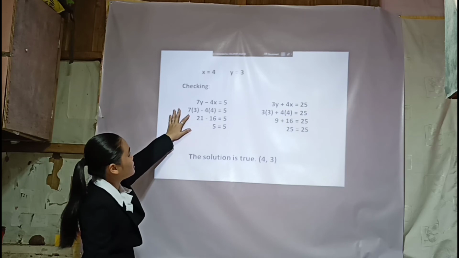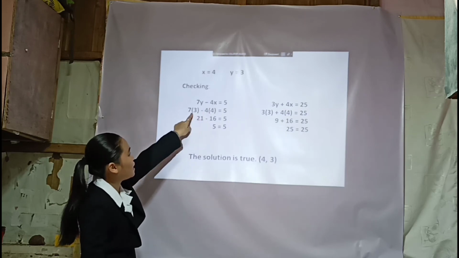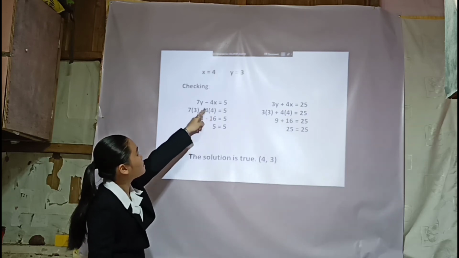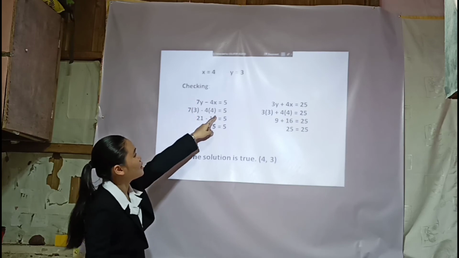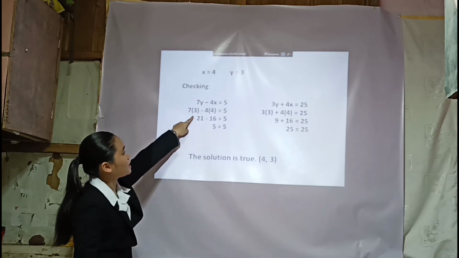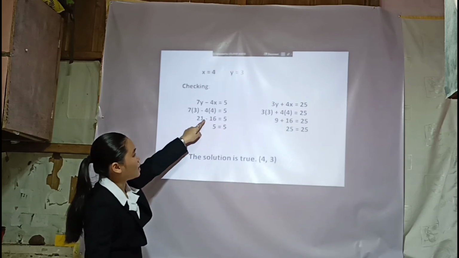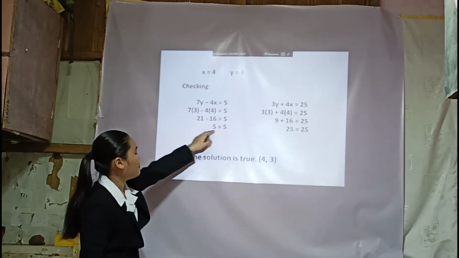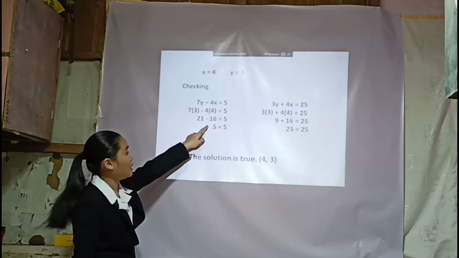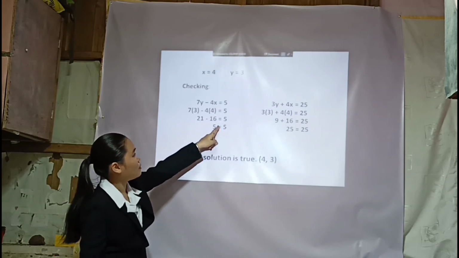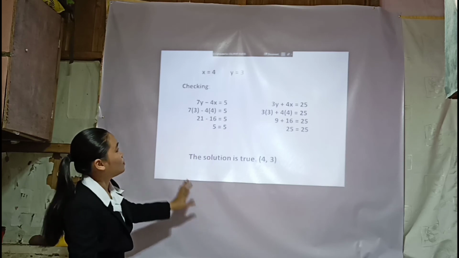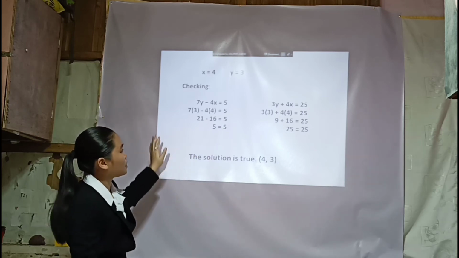So 7 times 3, which is the value of y, minus 4 times 4, which is the value of x, equals 5. So 7 times 3 equals 21. Negative 4 times 4 equals negative 16. So 21 minus 16 equals 5. So it is equal. So our answer is correct for this equation.